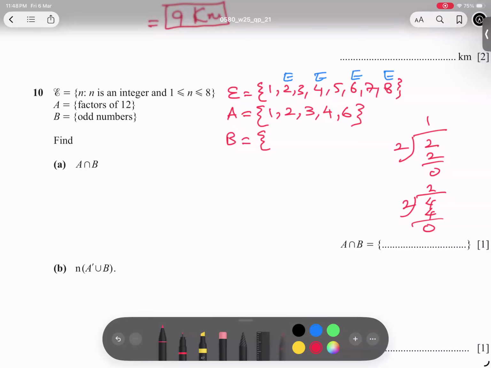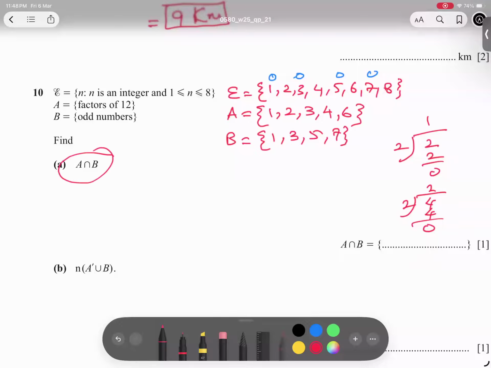Then how many odd numbers? 1, 3, 5, 7. If you want to write it the other way, no problem, odd numbers are those which are not multiples of two. So odd: 1, 3, 5, and 7.